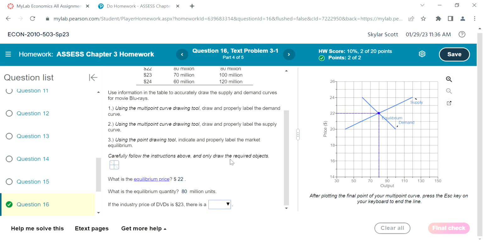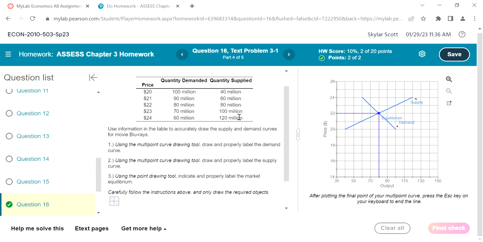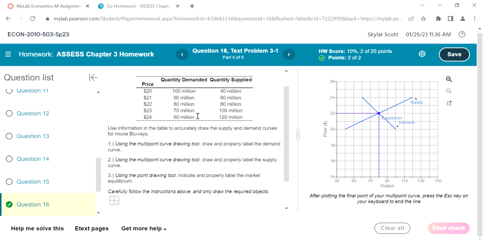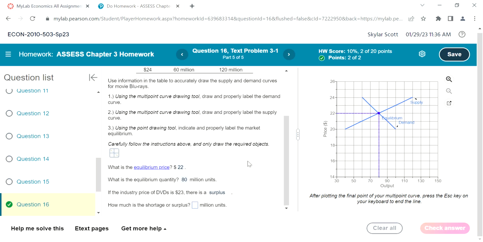And finally, if the industry price of DVDs is $23, there's 100 million supplied and 70 million demanded. So there's going to be a surplus of 30 million units. Check that it's a surplus. And finally, it's going to ask, what is the shortage or surplus? 30 million units.